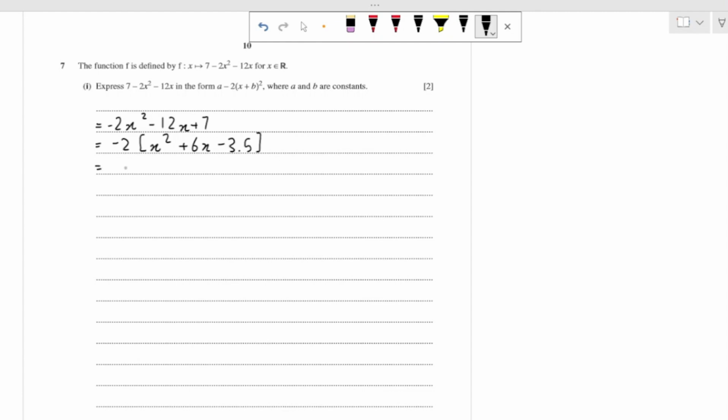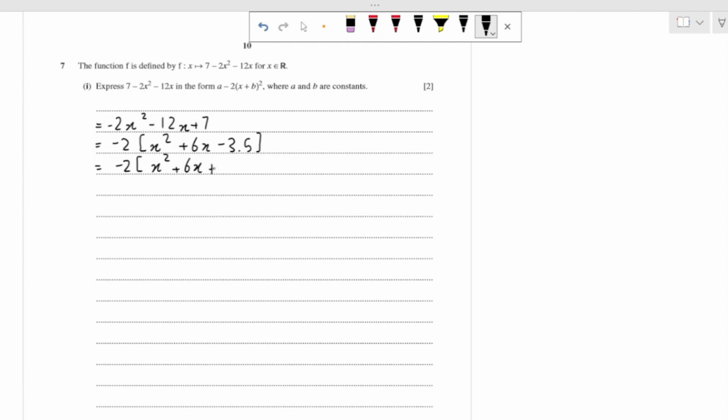The next step would be x square plus 6x, the same as it is, plus half of the middle term, which is 6, that would be added one time squared and subtracted one time squared.